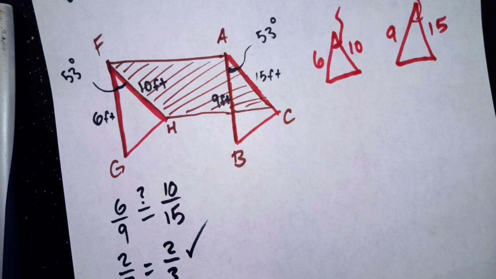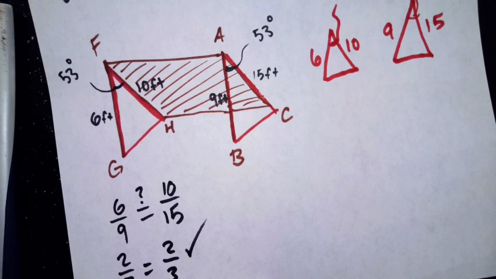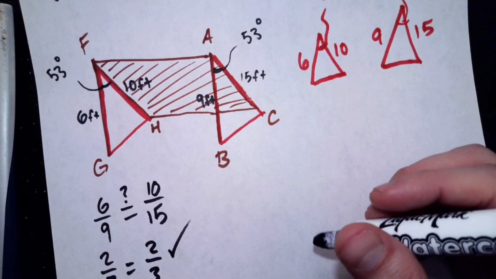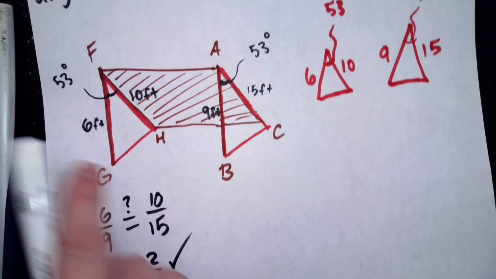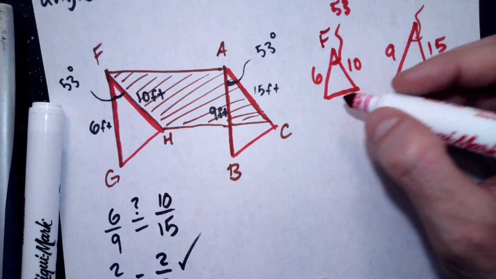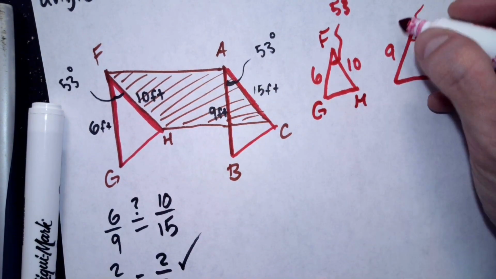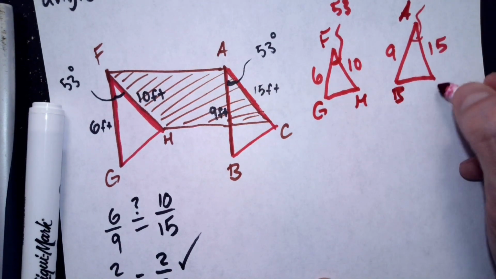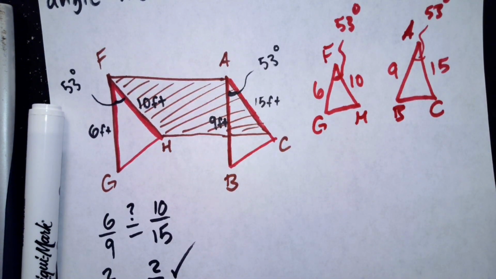And so let's start building this explanation, sort of explanation of a proof. We're going to say that, ooh, you know what I forgot to do? I forgot to label my vertices. Very important. This is F, G, H. This is A, B, C. And now we can build our solution.